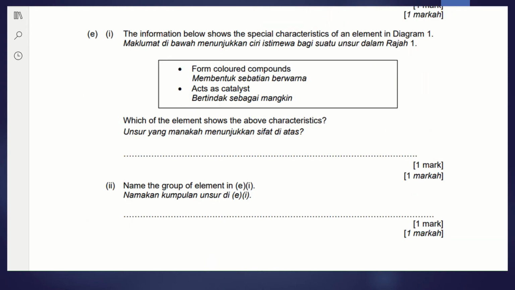E1, the information below shows the special characteristics of an element in diagram 1. Form colored compounds, act as catalysts. Which of the elements shows the above characteristics?